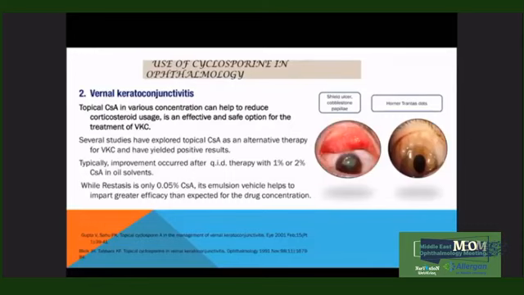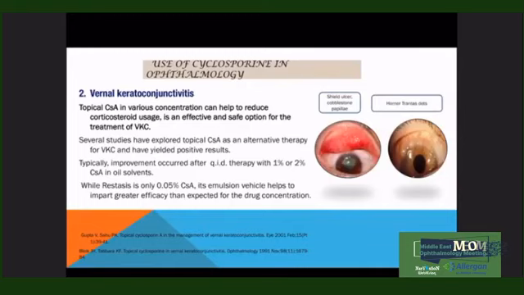Next indication would be patients with vernal keratoconjunctivitis. Several studies have explored topical cyclosporine as an alternative therapy for such patients with VKC and have yielded positive results. In fact, typical improvement was noted to have occurred after a QID therapy with 1% or 2% cyclosporine in oil solvents.